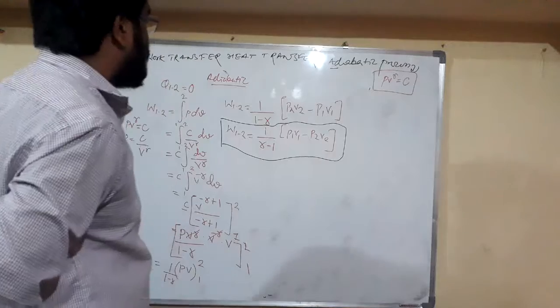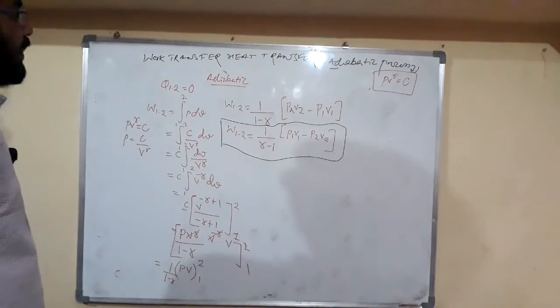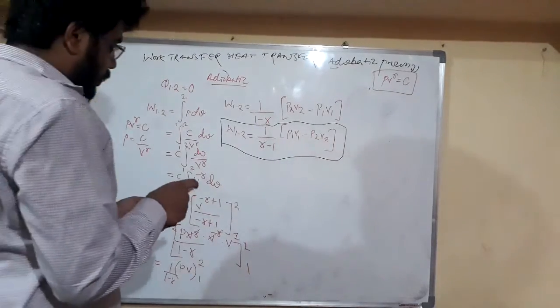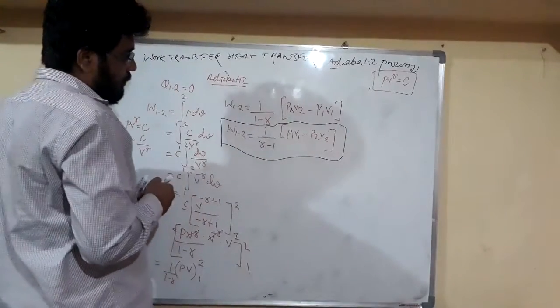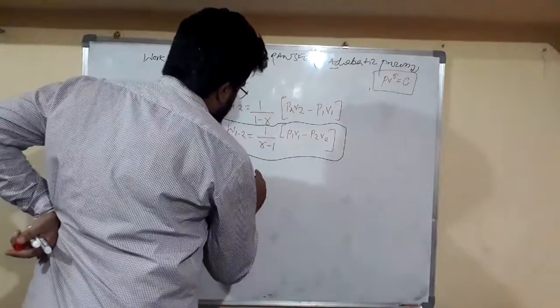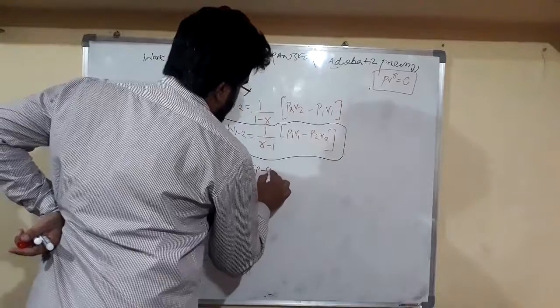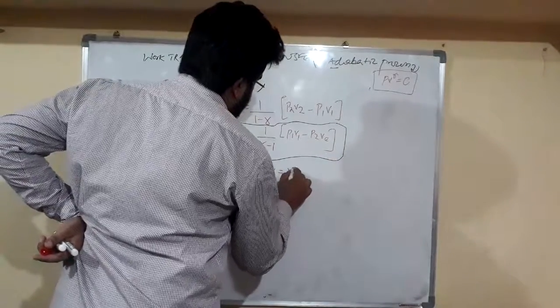Now friends, we can also know that Cp upon Cv is equal to gamma.